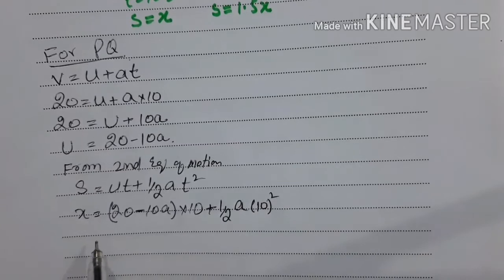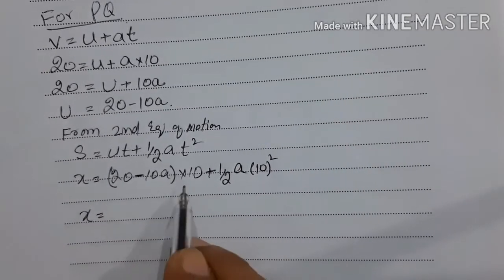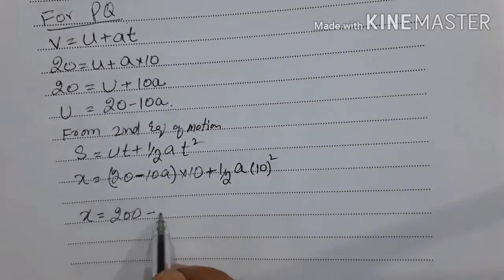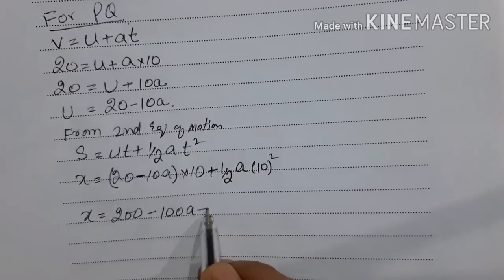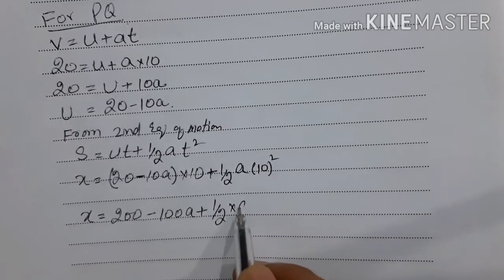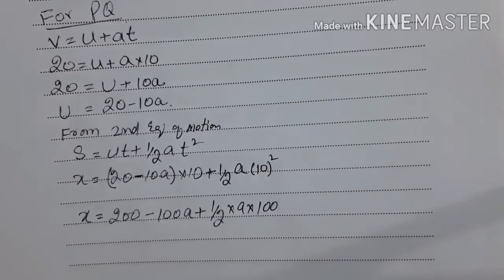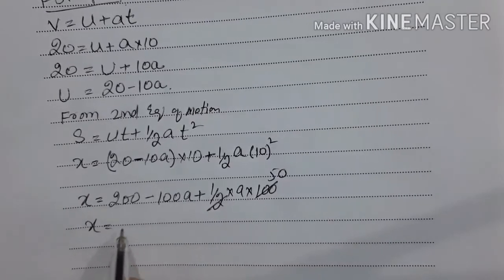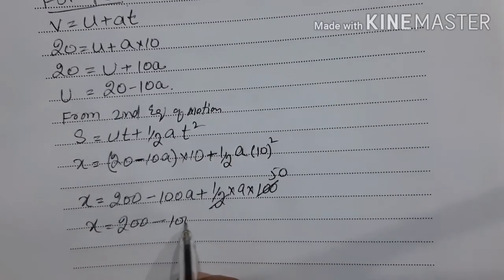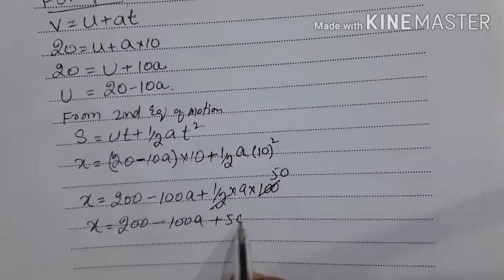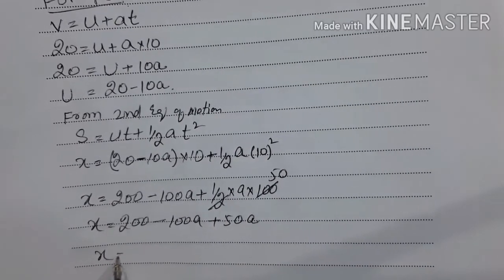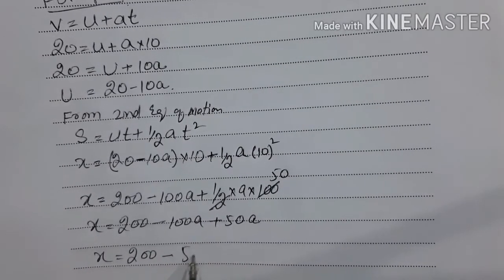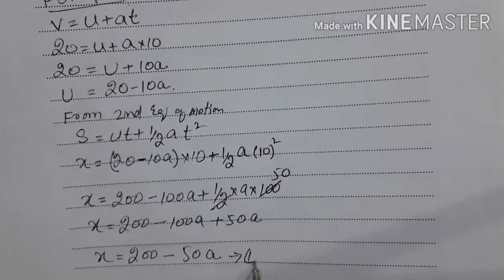So X is equal to 200 minus 100A plus 1 by 2 into A into 100. 10 square is 100, so this will cancel with 50. So X is equal to 200 minus 100A plus 50A, which means X is equal to 200 minus 50A. This is equation number 1.